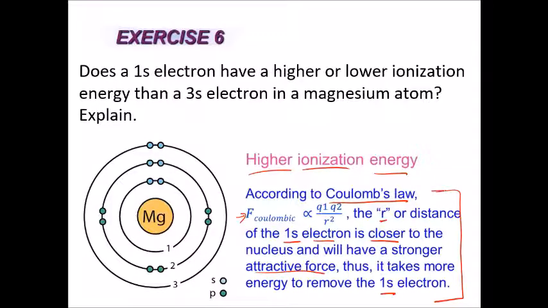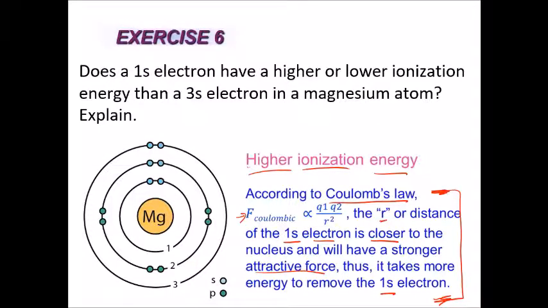But in order to get the full point on the AP exam, and they love to ask Coulomb's law questions, you need to make sure this is how you explain it. You'd say the distance is closer or shorter, has a stronger force of attraction, thus the energy needed to remove it is much higher. That's why I'm declaring higher ionization energy.